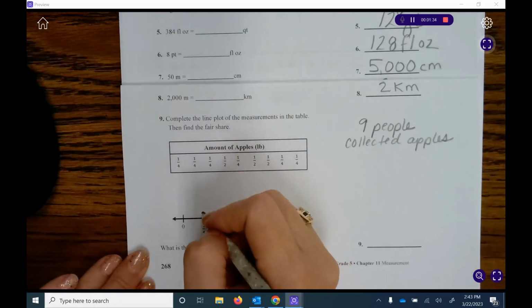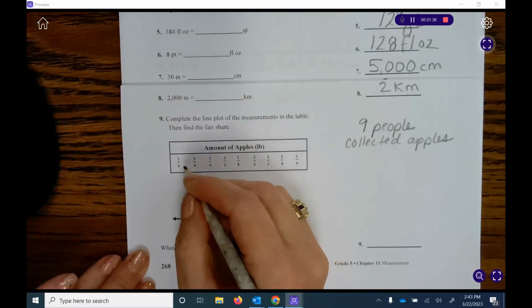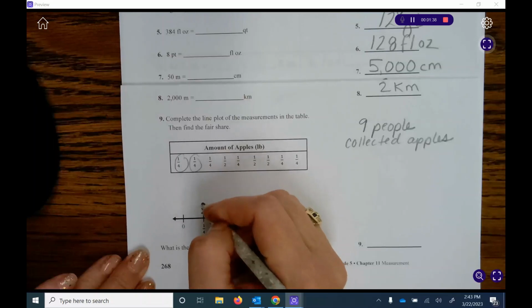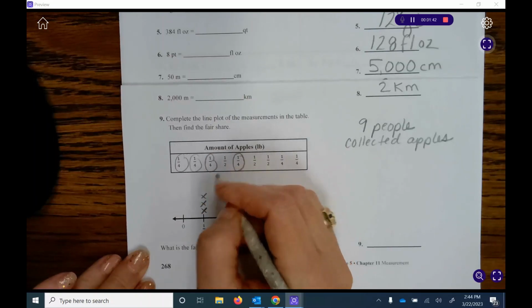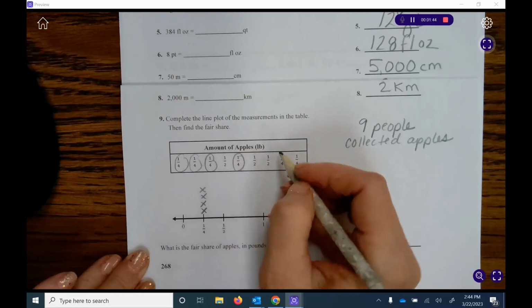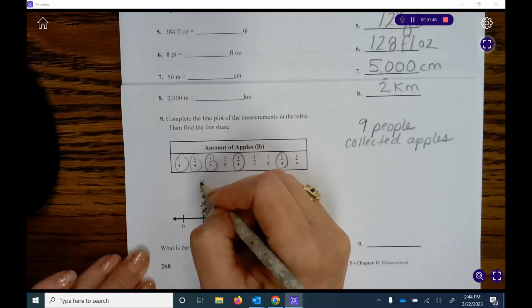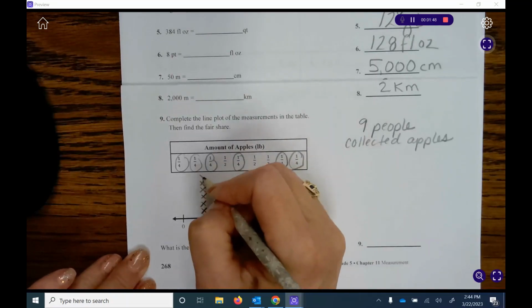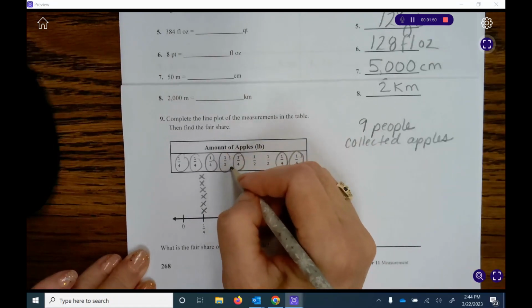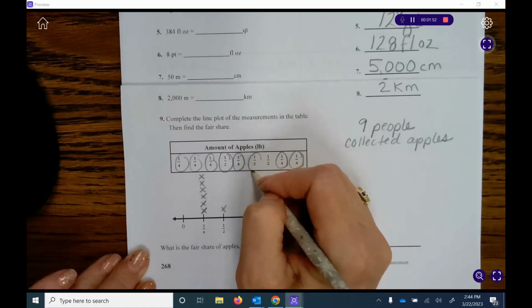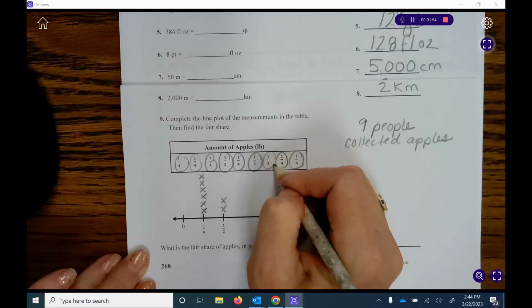All right, so one person collected 1/4, another 1/4, another 1/4, another 1/4, another 1/4, and another 1/4. We have one that collected 1/2, 1/2, and 1/2.